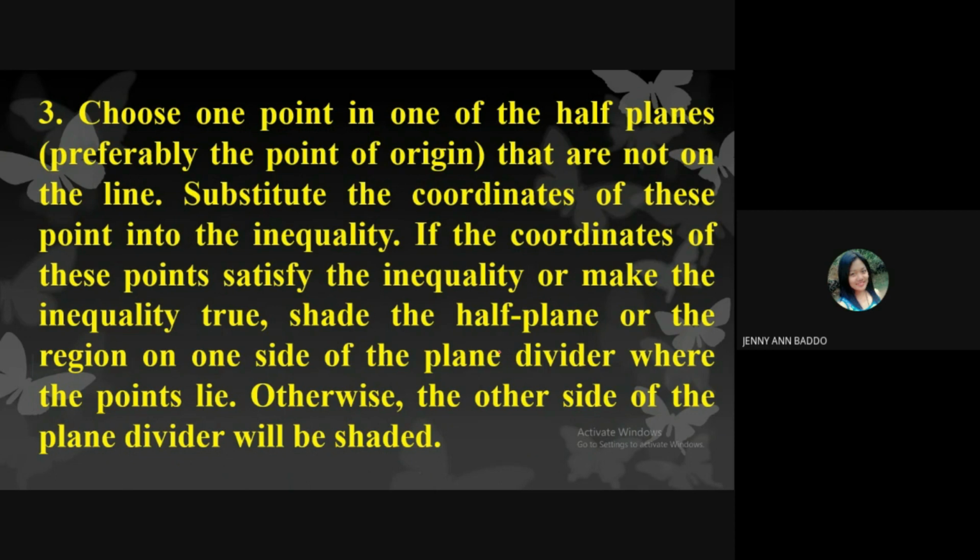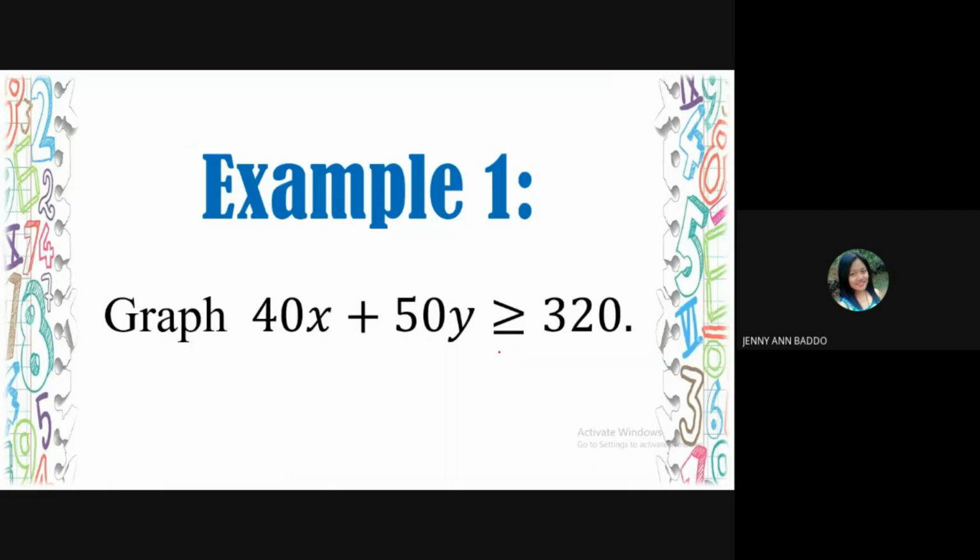If the coordinates of this point satisfy the inequality or make the inequality true, shade the half plane or the region on one side of the plane divider where the point lies. Otherwise, the other side of the plane divider will be shaded. Let us have an example to have a clear view of the steps.